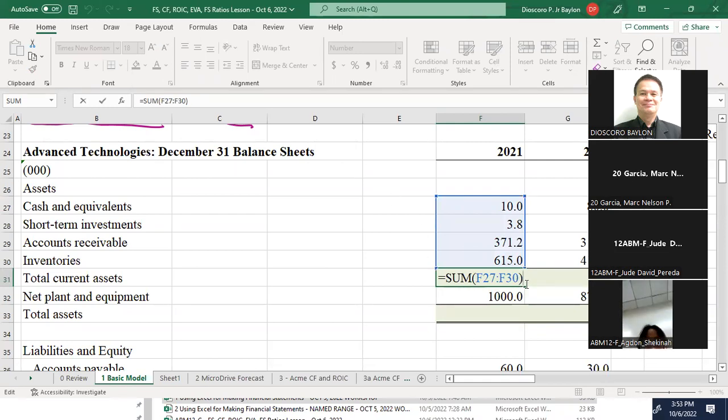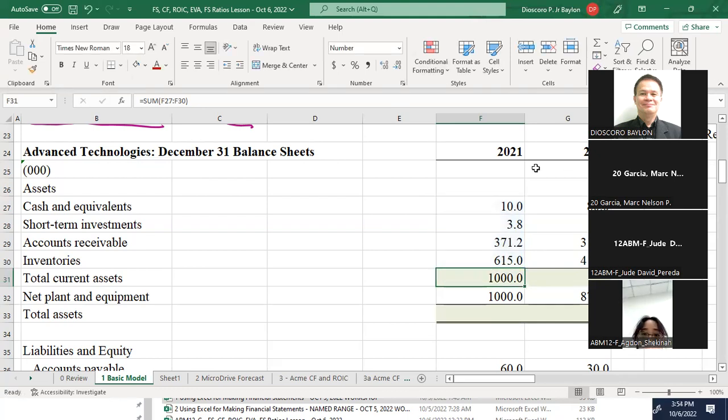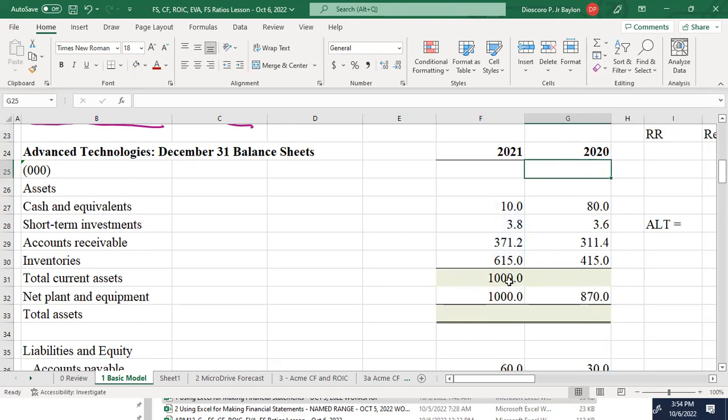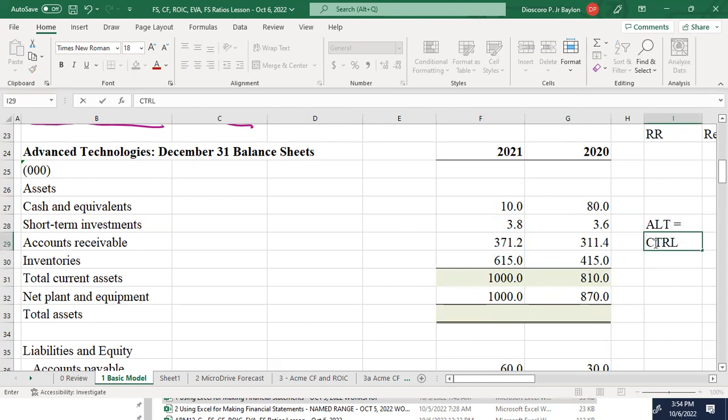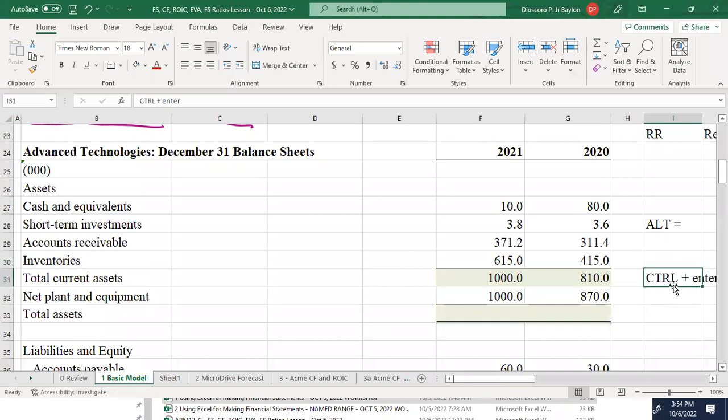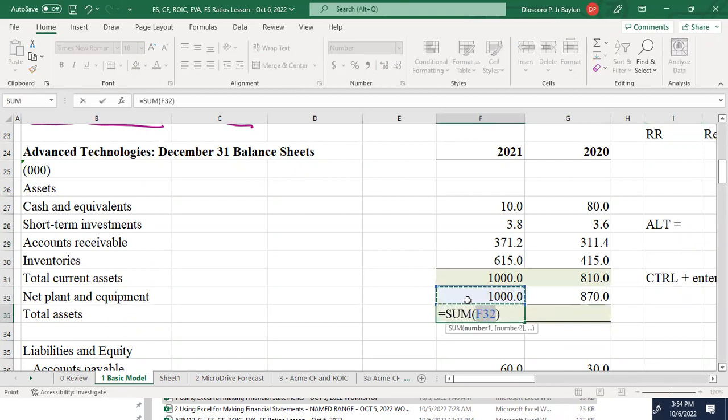If I press control enter there, what do you notice? By pressing control enter, the active cell remained in that cell. So I'll just copy this to the right. That's control plus enter. All right. Therefore, I can use Alt equal to here, but it doesn't show the total current assets, so let me just drag it.